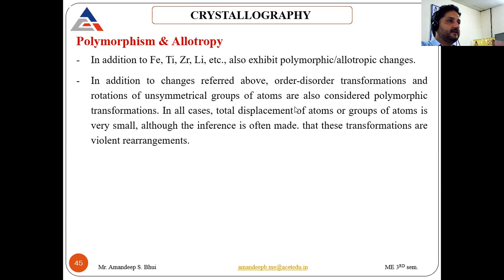So in one case the whole structure has changed. In the other, there is a small change in the orientation, the disorder, or the unsymmetric grouping of atoms under the conditions of temperature and pressure. This is also termed polymorphism. So this is the concept of polymorphism and allotropy.